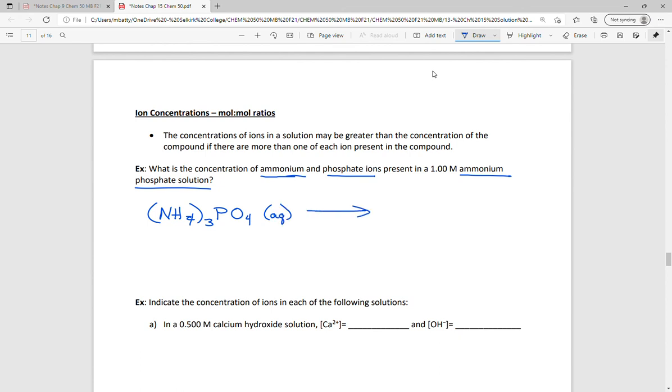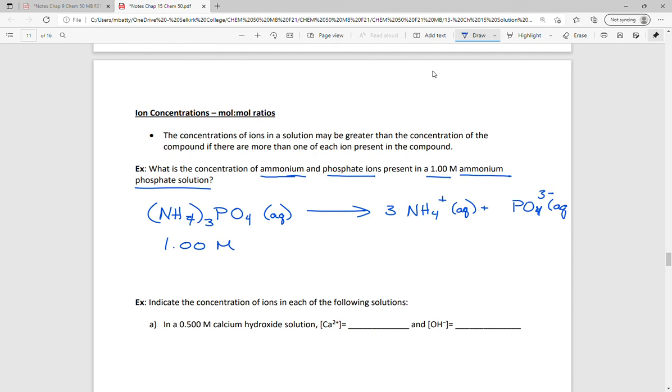If it dissociates in water, that means it's going to have 3 ammonium ions in solution, and 1 phosphate ion. The 4's always become 9's in solution. And so the 1 doesn't really need to be written there, sorry. The idea with this is that if we have this dissociation of 1 molar compound, it's going to adhere to the mole to mole ratio.